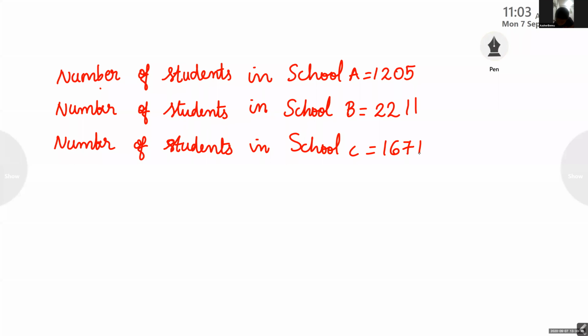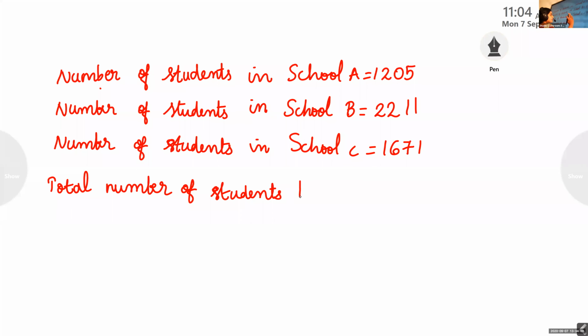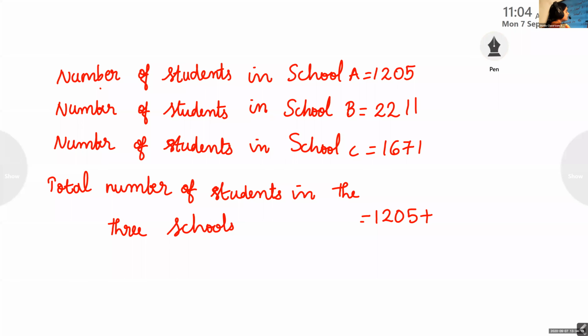Then we have to find total number of students. Total number of students in the three schools equal to, you have to add these three numbers.